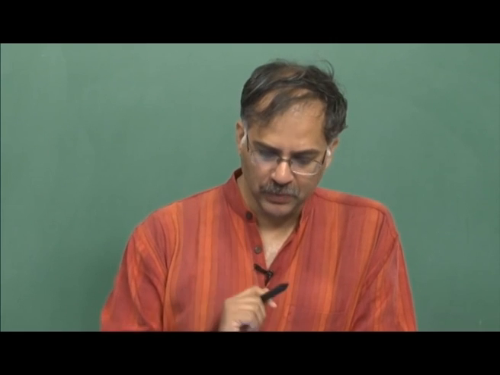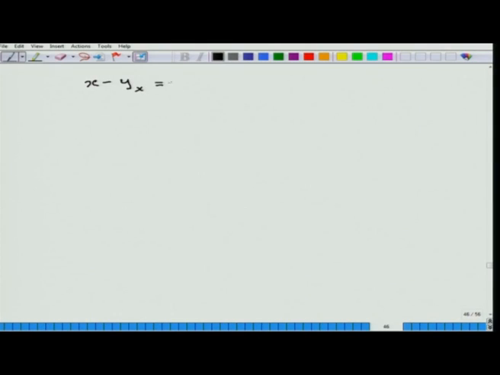So, if I talk about the normal cone, you now see how that idea of normal cone comes. Now, this x minus y x, if I write it as v, then I have this expression.